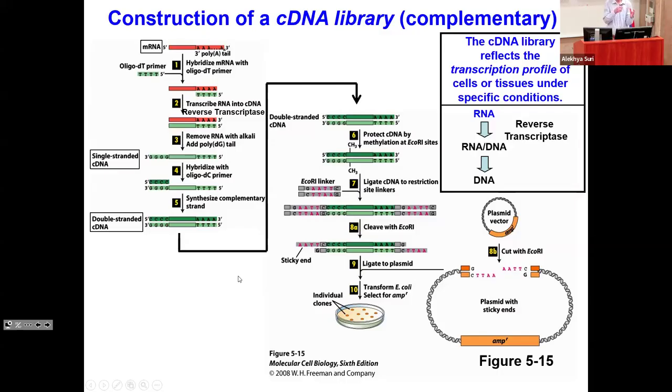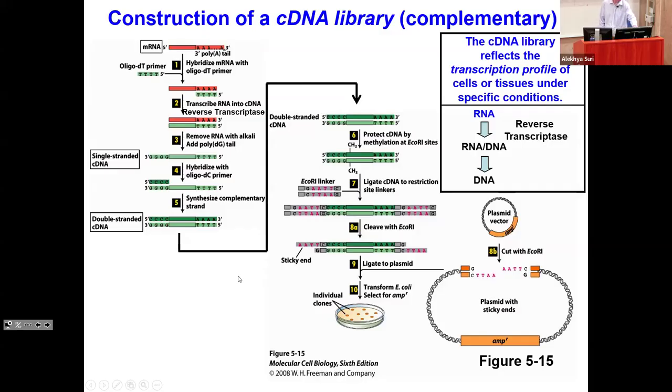So what you do is you convert the RNA to DNA. On the right side in the box, you can see RNA is converted to an RNA-DNA hybrid using reverse transcriptase. The reverse transcriptase enzyme will synthesize the DNA strand using the RNA as a template.